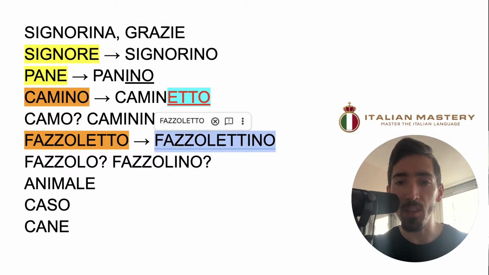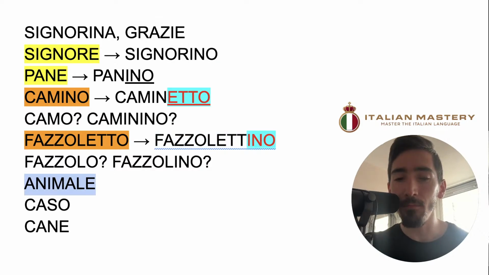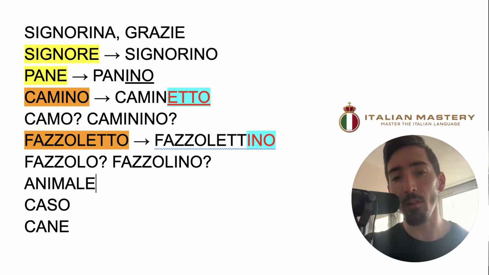So this is the version that we're going to go with. We are adding INO again, right? Animale. Oh, animale is actually quite simple, so I don't know why I added it here. So we have a simple one, and then we have two more difficult ones later on. This is the last easy one to do.